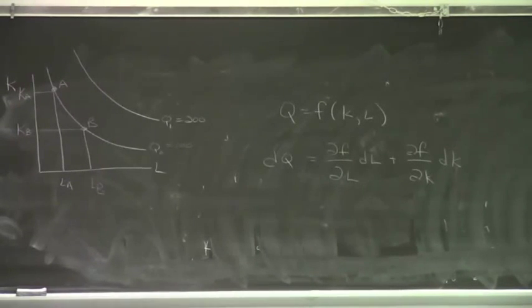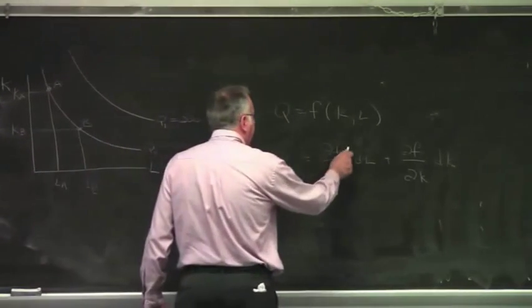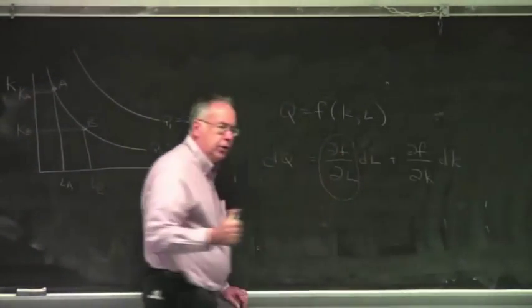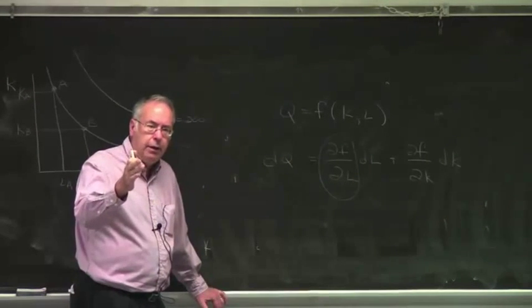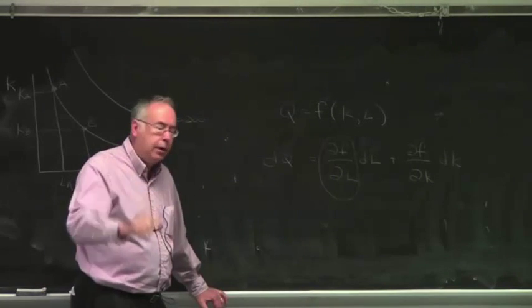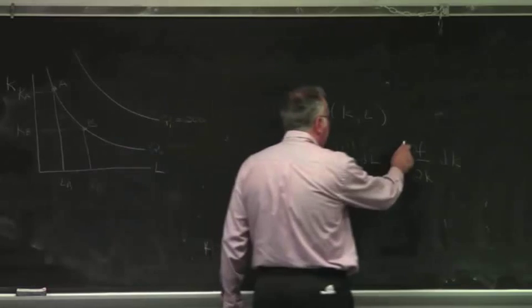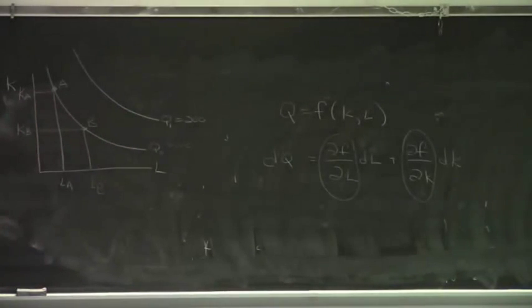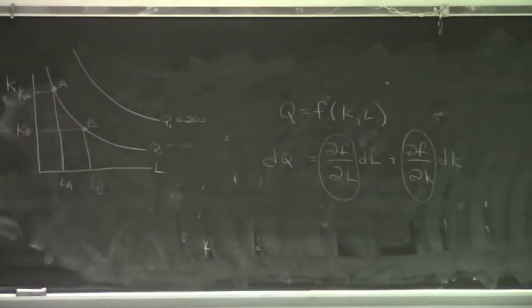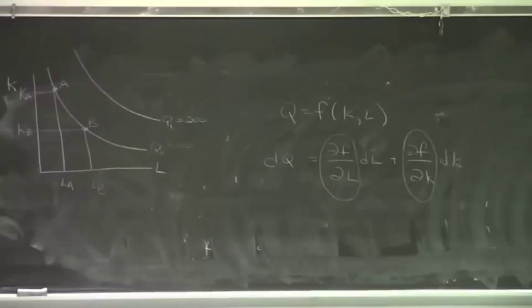And this partial derivative here, partial F, partial L, in economic terminology is what? The marginal product of labor. Okay. Partial F, partial K in economic terminology is? Okay. So the total change in output is just the marginal product of labor times the change in labor plus the marginal product of capital times the change in capital.